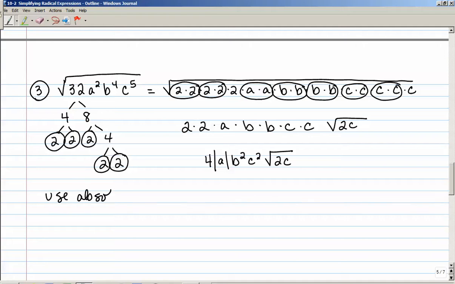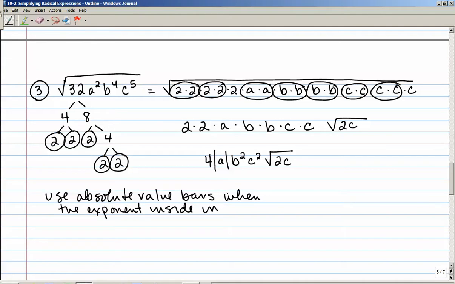Use absolute value bars when the exponent inside is even, and the exponent outside is odd. And let's see what that means in this case.